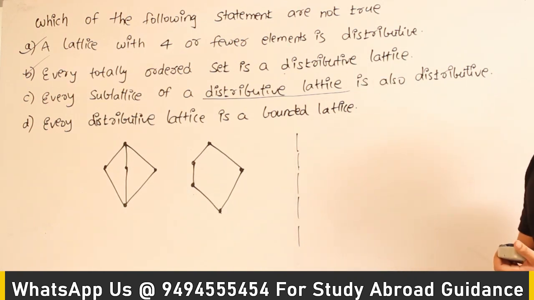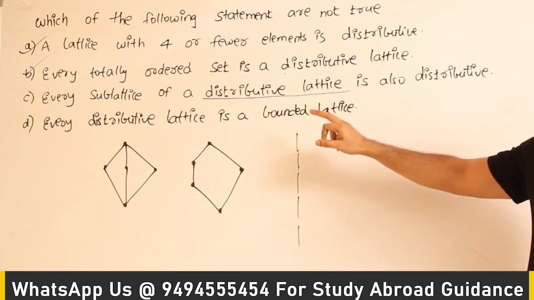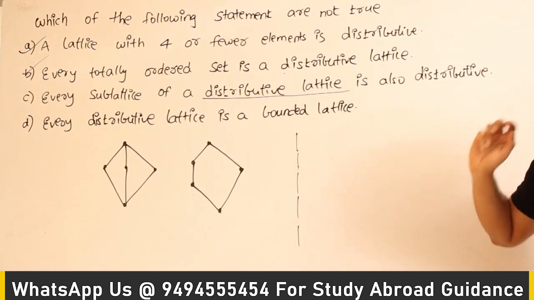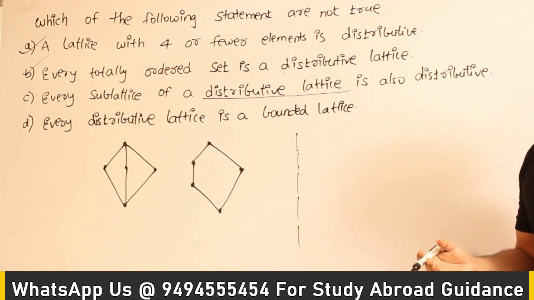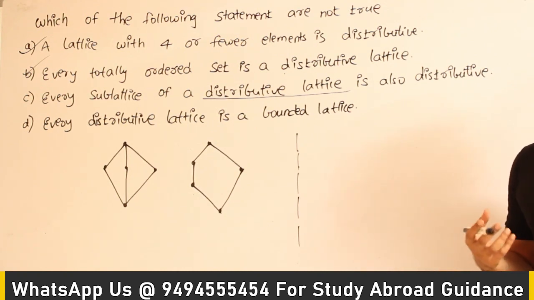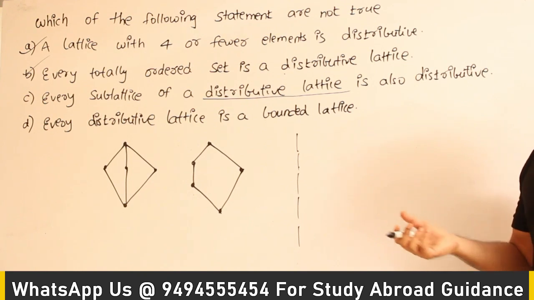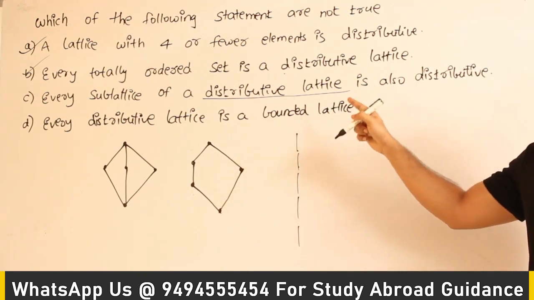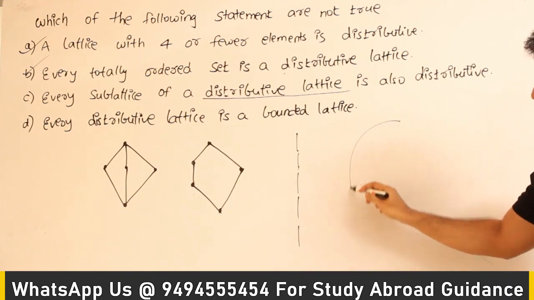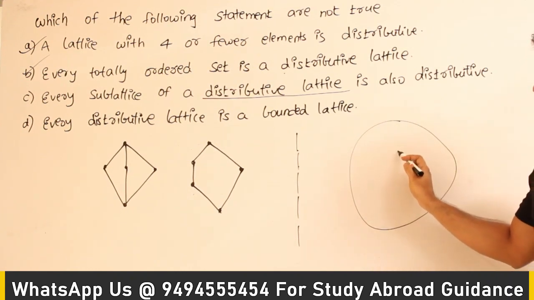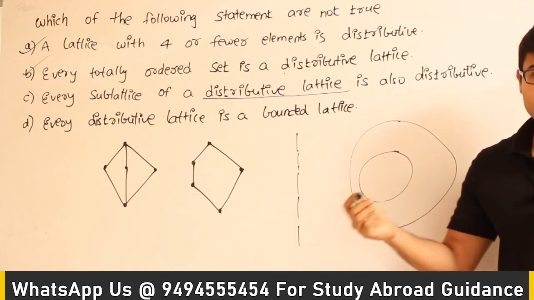See the point number C. Every sublattice of a distributive lattice is also distributive, right? So what does it mean? Let us say it is false. So if it is false, then what does it mean? The sublattice of a distributive lattice is not distributive, which means if I have a lattice, then there must be a sublattice which is not distributive.